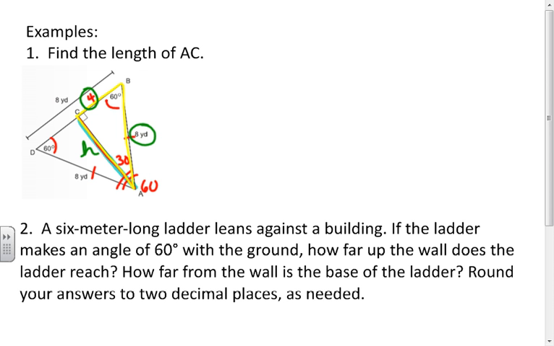Now I could use the Pythagorean theorem with 8 as my hypotenuse, and this segment here, we'll call it W, as one of my missing legs, or I could apply my 30, 60, 90 rule, and this W is the long leg, and I happen to know my short leg and my hypotenuse.